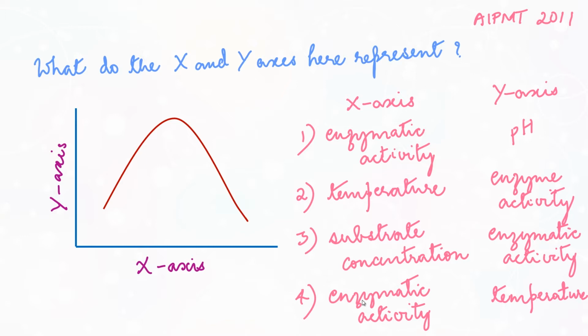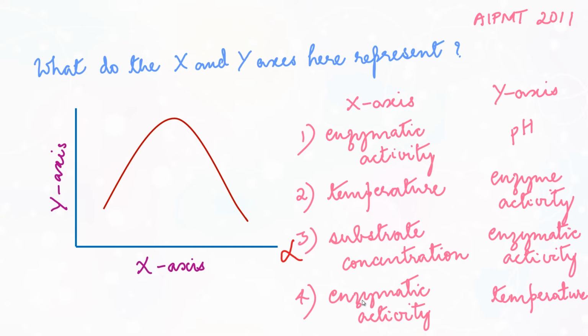Now, as you can see, the graph is a bell curve, and you only get a bell curve when you plot enzymatic activity against temperature or pH, which means we can rule out option 3. So this cannot be a graph about substrate concentration and enzymatic activity.